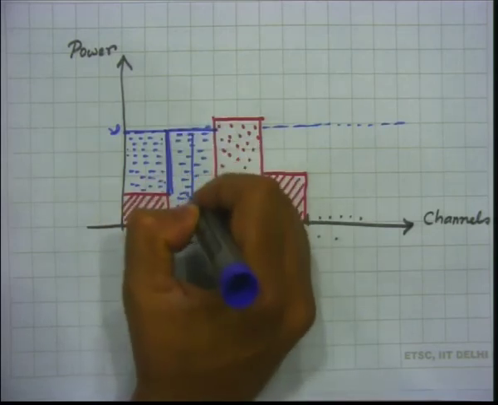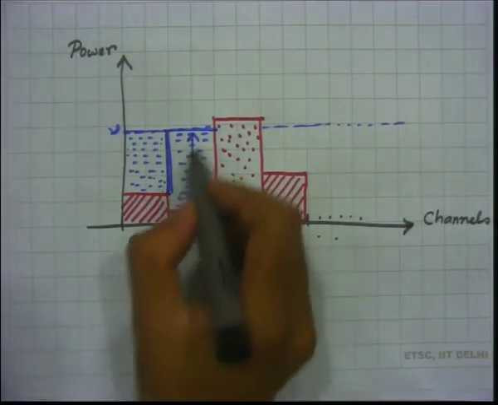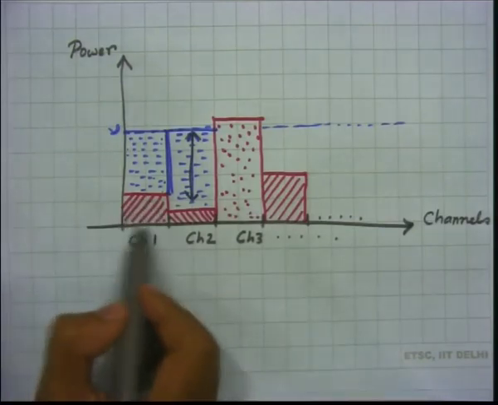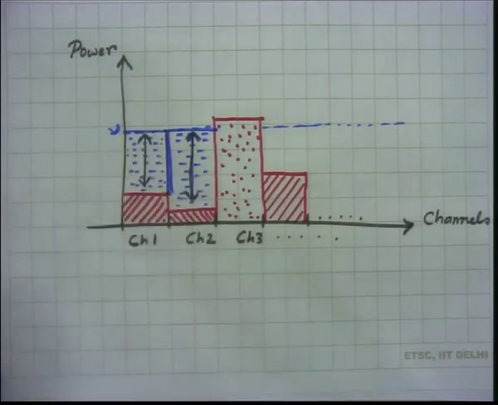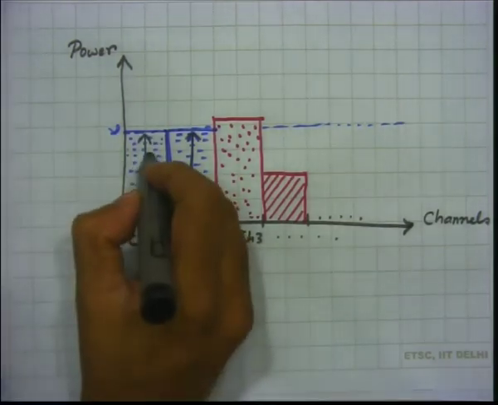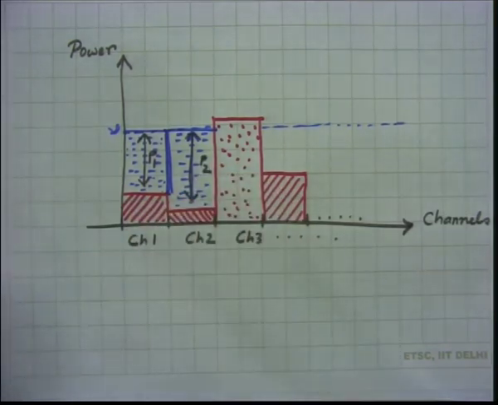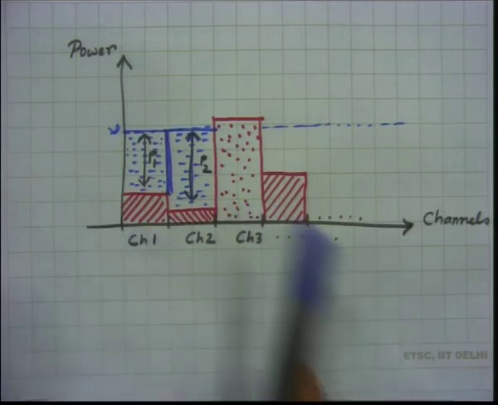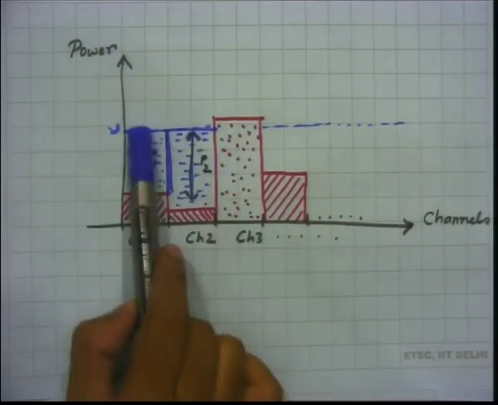This is the power I have allocated to this channel. If I want to make it more explicit, whereas because channel 1 had more noise, it got a lesser share of power for this one. So, this is P1 and this is P2. If you go to the third channel, I am shocked to see that this has gone above the water level, because who sets this water level?